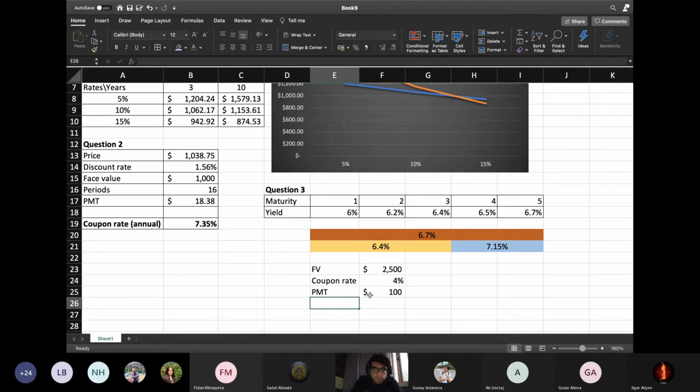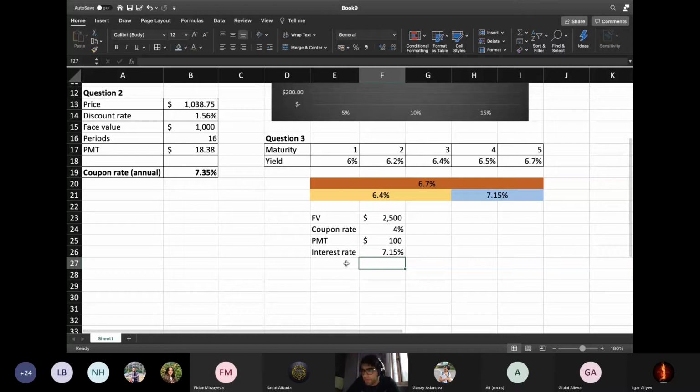We have interest rate, which is what we found here, 7.15%. We have years, 2 years, because the bond has a maturity of 2 years. So let's find PV.